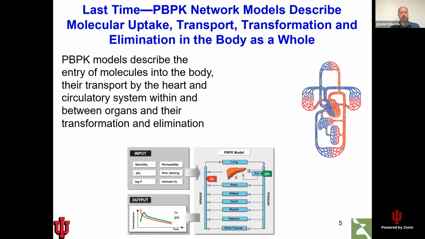So just to go over quickly, review, last time we covered a lot of material. We talked a little bit about PBPK models and what they can do. We didn't really go into the mathematics of PBPK models. I hope maybe later in the semester we'll have a chance to talk about how they work mathematically.